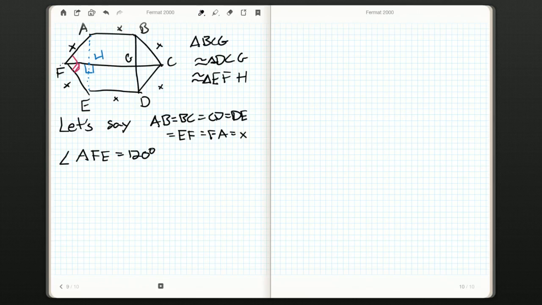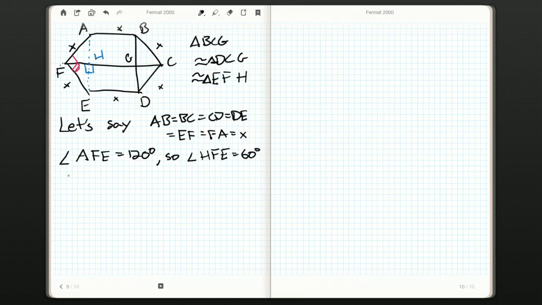This is something most people should know. Now, FC is a diagonal that splits the whole thing right in half. So angle HFE is 1/2 of that, so it's 60 degrees. Okay, it's exactly 1/2.